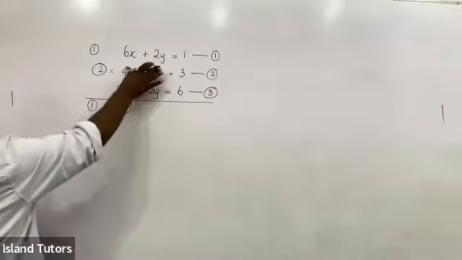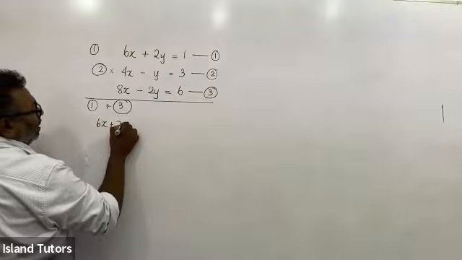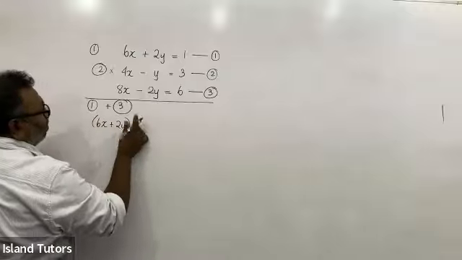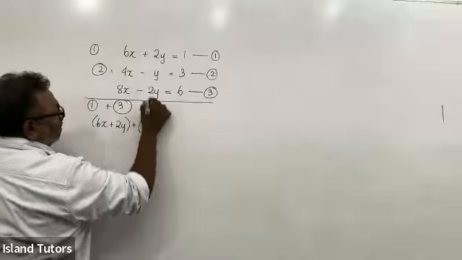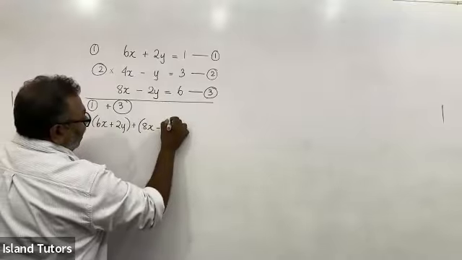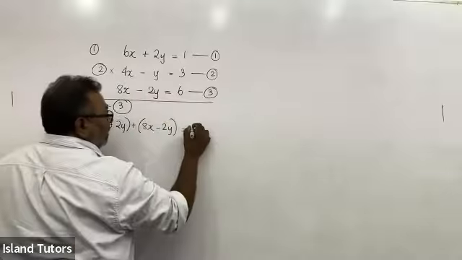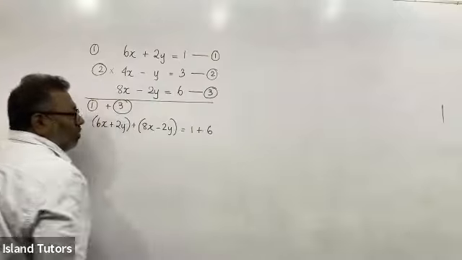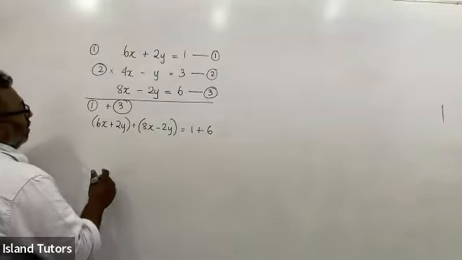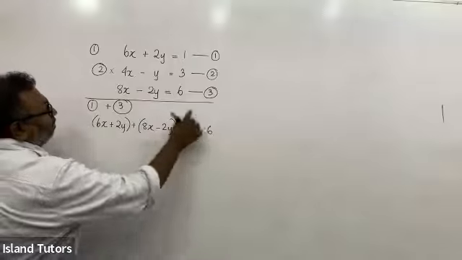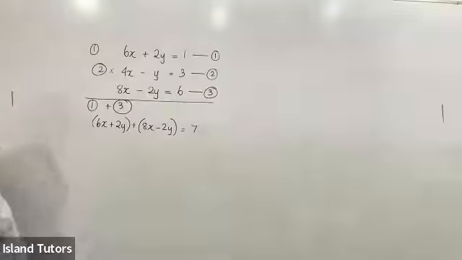Right? So first equation, you have this side 6x plus 2y plus 8x minus 2y is equal to 1 plus 6. Right? 1 plus 6. So 1 plus 6 is how much? We just straight away take this as 7.